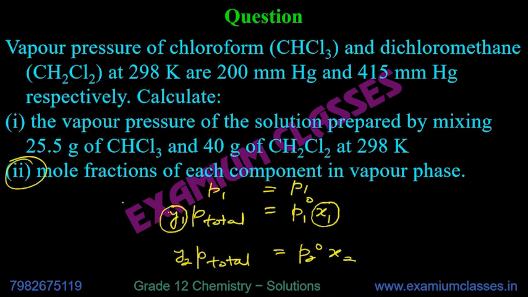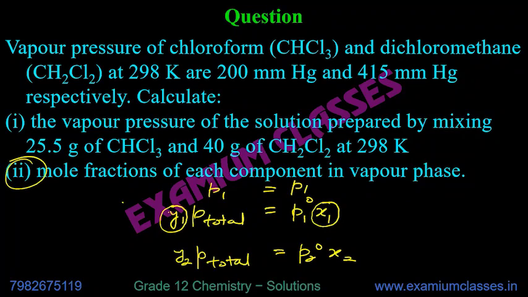So understand, P1 is the same in both cases, and P2 is the same in both cases. What is P1? The partial vapor pressure due to component 1. What is P2? The partial vapor pressure due to component 2. What is P1 naught? If only component 1 is there in the same container, then the vapor pressure is P1 naught. If only component 2 is there, then the vapor pressure is P2 naught. What is X1?